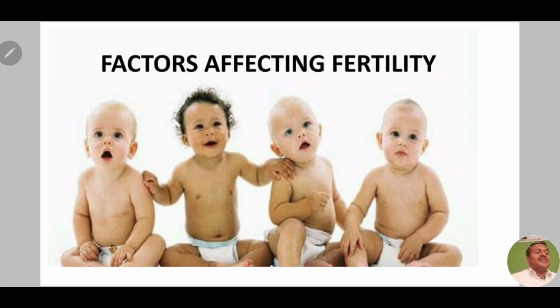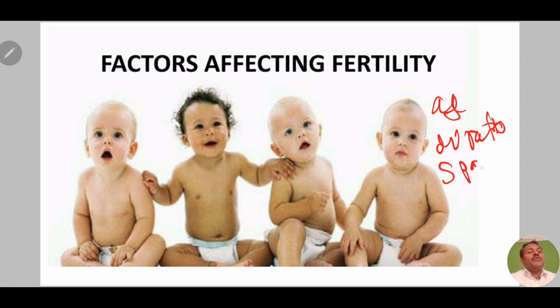Now, what are the factors affecting fertility? I already told you fertility is the actual bearing of children. It is the age at marriage which affects fertility. The duration of married life affects fertility. The spacing of children, there should be a minimum of 5 years spacing, at least 3 years spacing between two children.